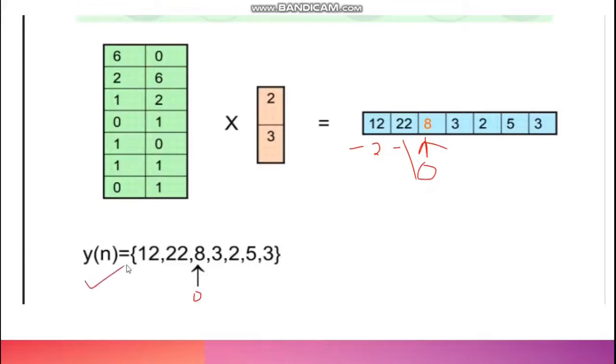So if you analyze this matrix method and the tabular method, you can see that they are very easy, and they do not consume much time compared to convolution using graphical method and convolution using basic equation, because they consume too much time and there is so much to do in both the methods.